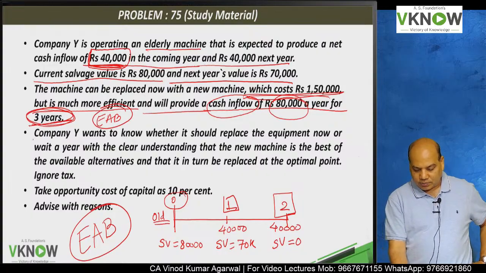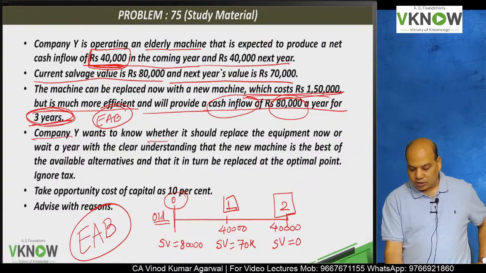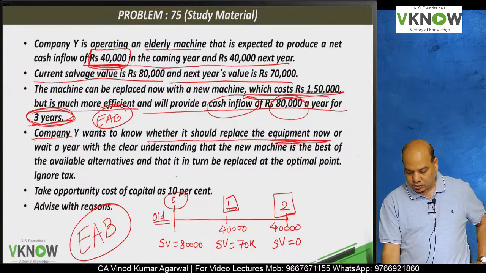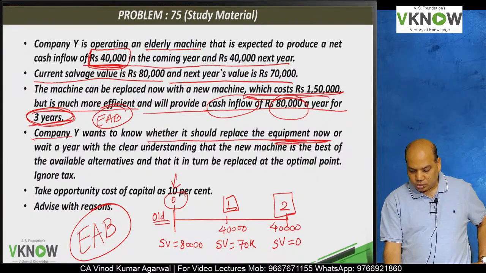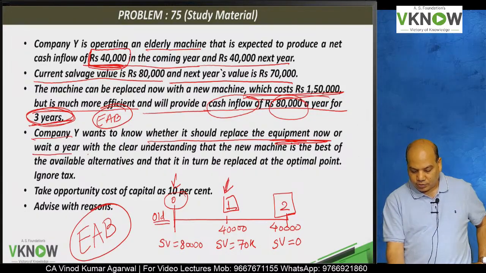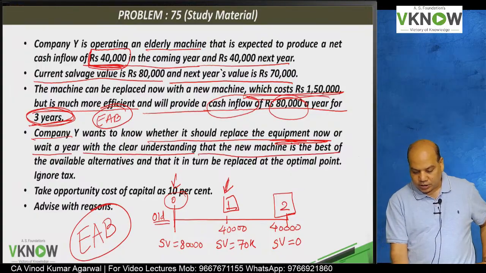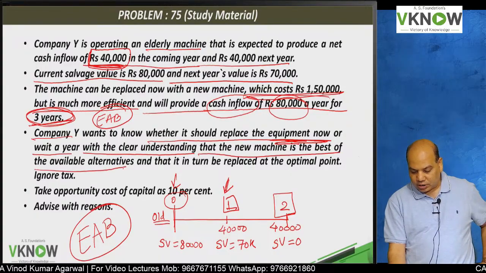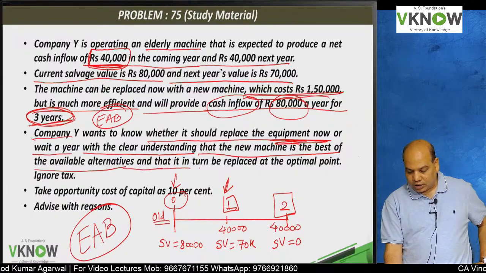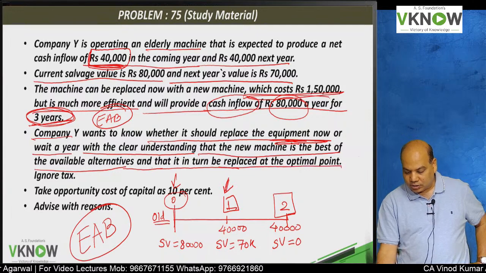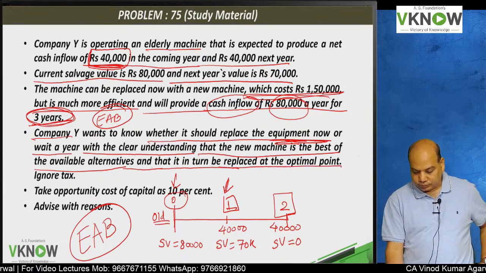Company Y wants to know whether it should replace the equipment now, alternative 1, or wait a year, with the clear understanding that the new machine is the best of the available alternatives, and that it will in turn be replaced at the optimal point.